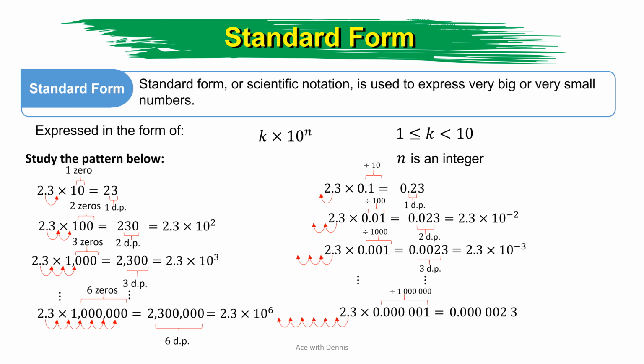So 1, 2, 3, 4, 5, 6. Hence, our answer is 0.0000023. Or we can write it in standard form, which is 2.3 times 10 to the power of negative 6. Here are 6 decimal places.